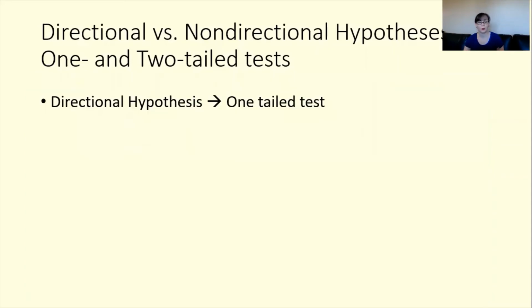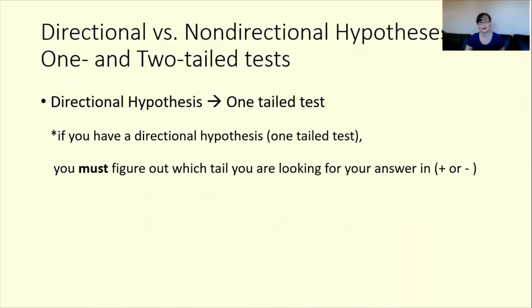And so as we're thinking about our directional hypothesis, a directional hypothesis means that we're going to run a one-tailed test. And so if we have a directional hypothesis, we have to just figure out which tail we're looking for our answer in, positive or negative.